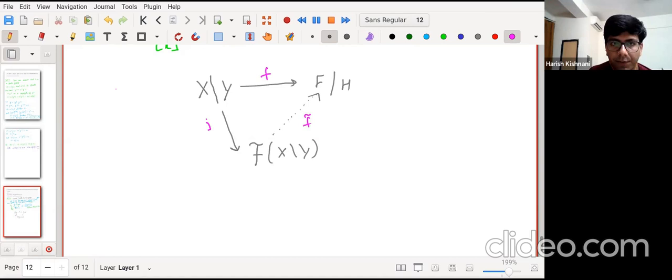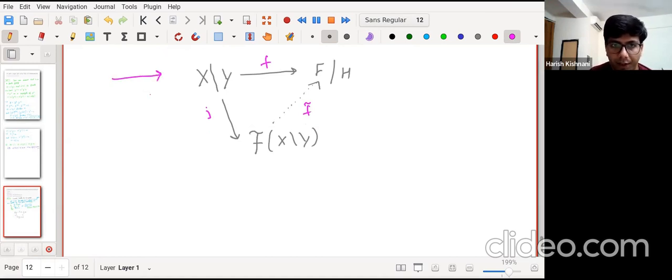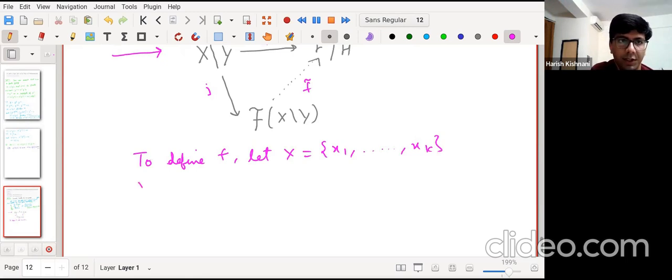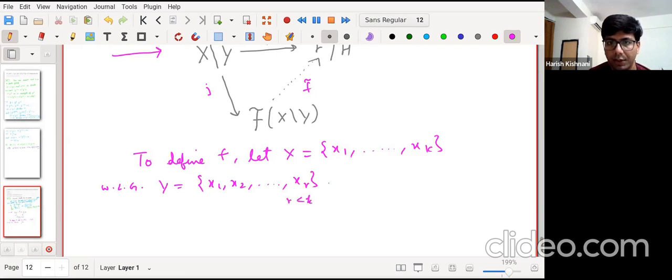Now we need to define this f. To define f, let X be the set x1, x2, up to xk, and without loss of generality, I believe that Y is x1 to xr, because I can order my x accordingly, right? r is less than k.